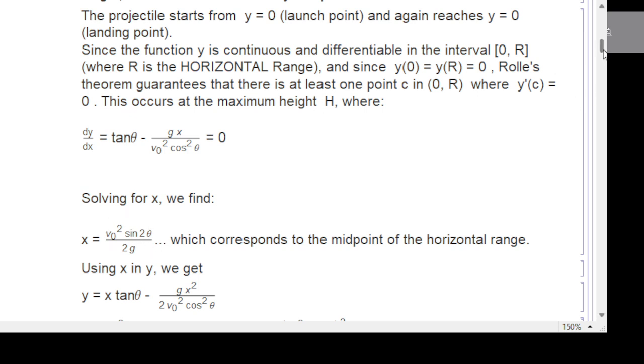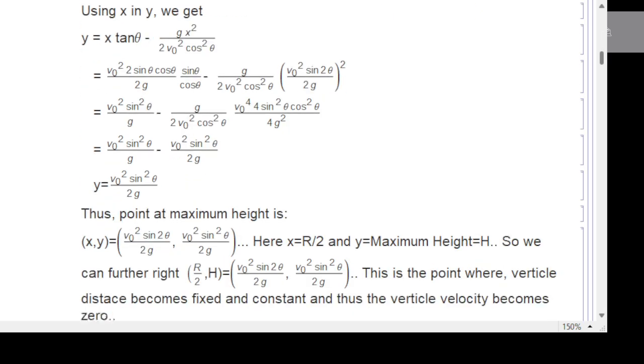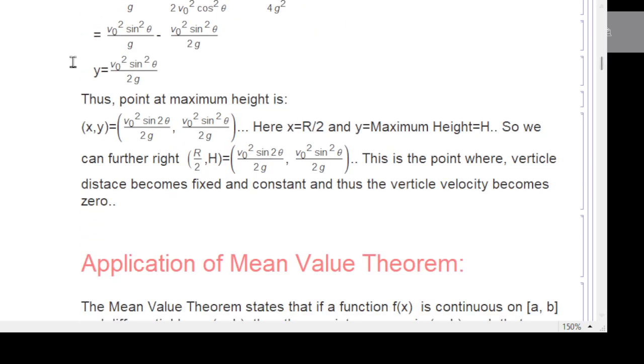And when we use this x in the original equation, so when we back substitute x in the y, then we immediately get y is equal to v naught square sine 2 theta over 2g. So we have this fixed point at maximum height, and which can be written in this way.